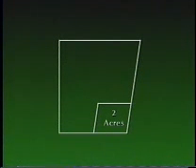Note that the opposite sides of the 2-acre parcel seem to be parallel, and all 4 sides seem to be about the same length. Perhaps we can use those facts in composing a description.